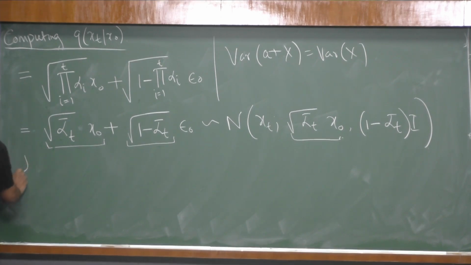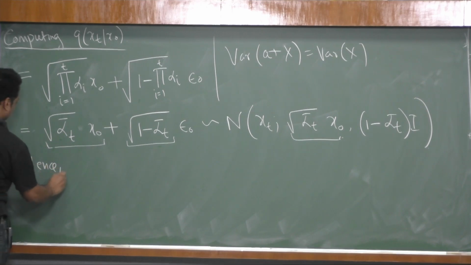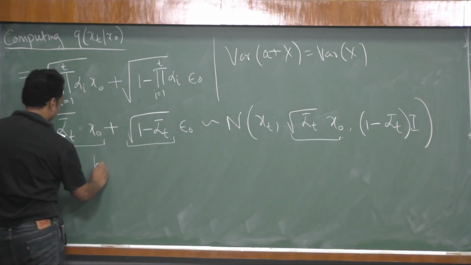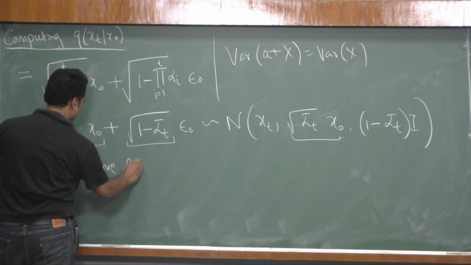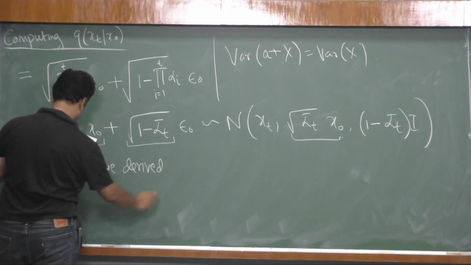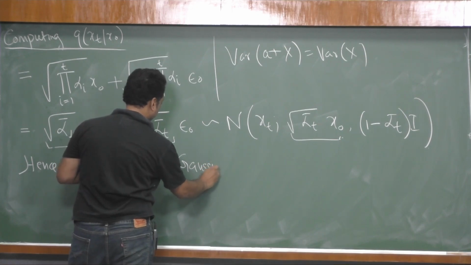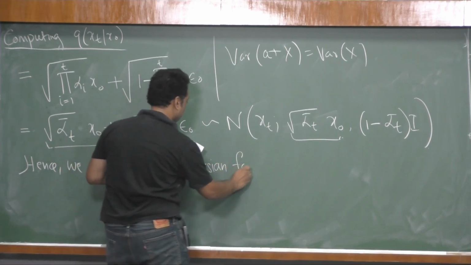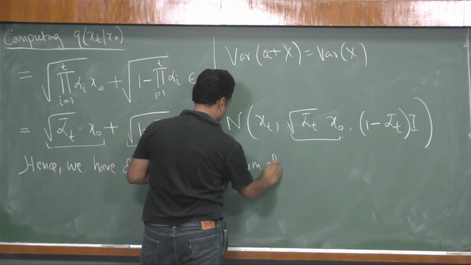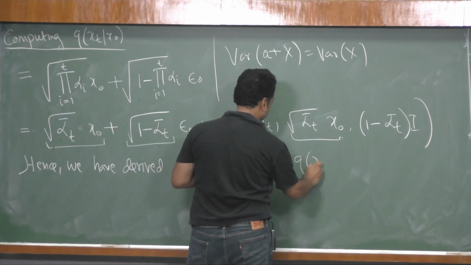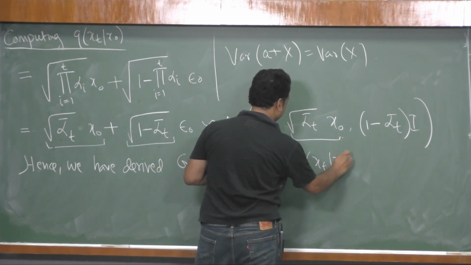So hence we have derived the Gaussian form of q of xt given x naught.